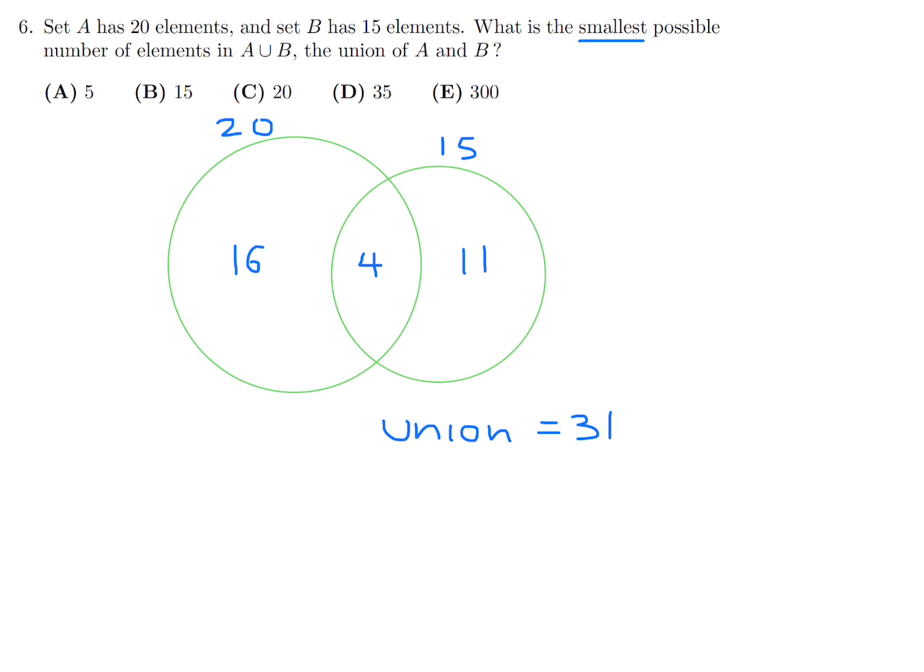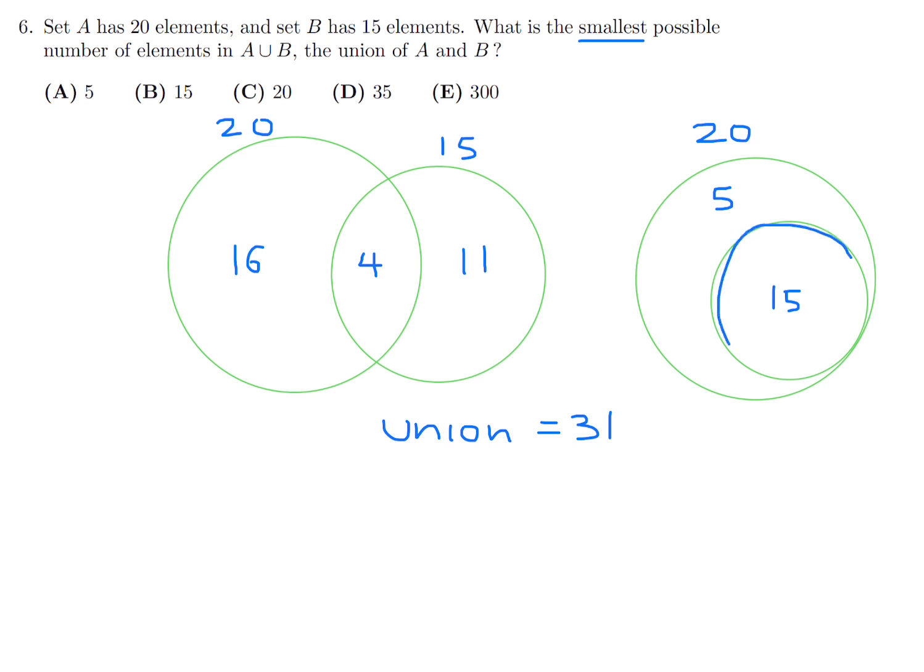What they're asking for is the smallest possible. I just gave an example to illustrate what this is like. The smallest possible union happens in a cool scenario: when the smaller one is inside the bigger one, like that. So this is 15. This whole thing is 20. So this is 5. Does that make sense? The smaller circle is B. It has 15 elements.